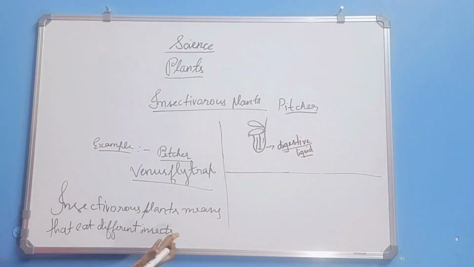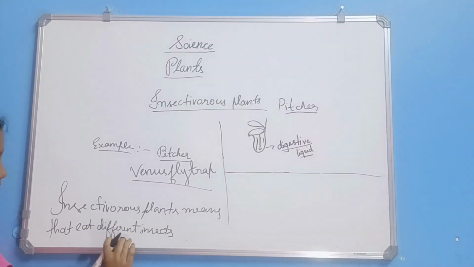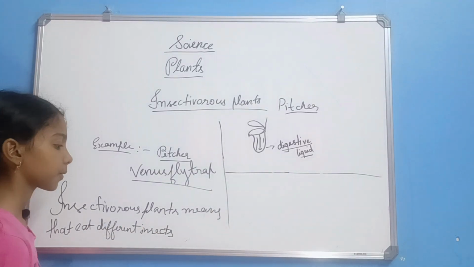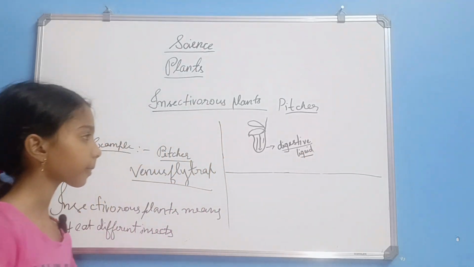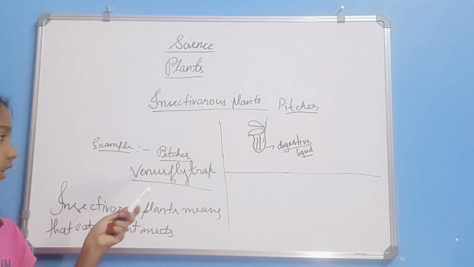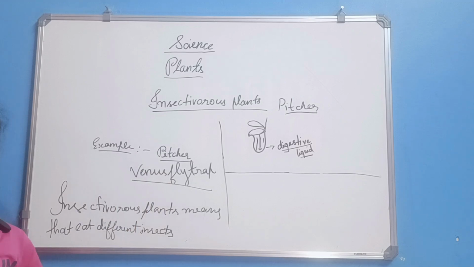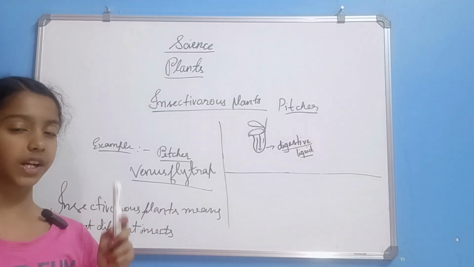Okay, insectivorous plants means plants that eat different insects. Like the example, pitcher. That's why the pitcher plant is an insectivorous plant, and even the Venus flytrap also.